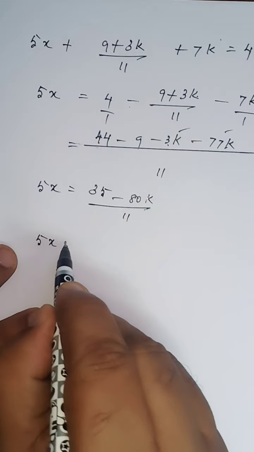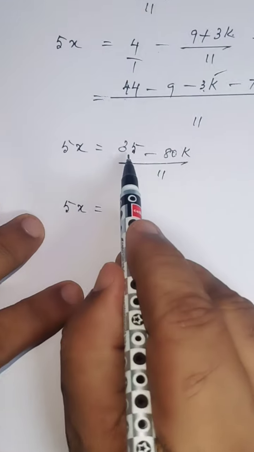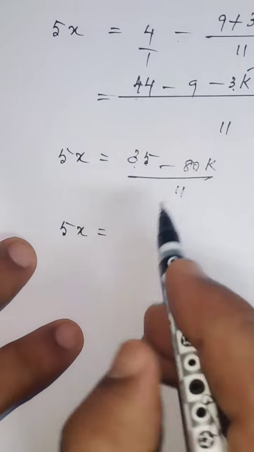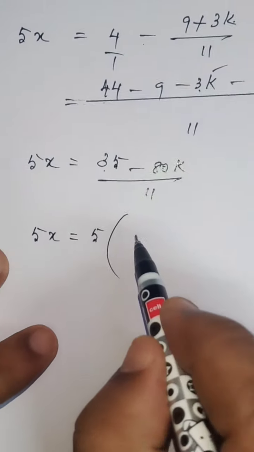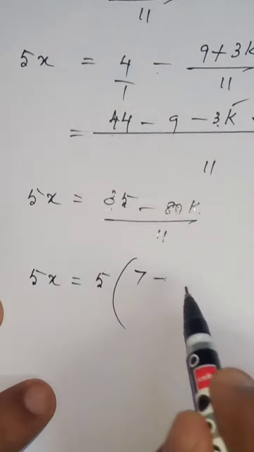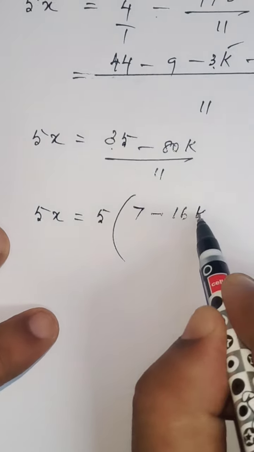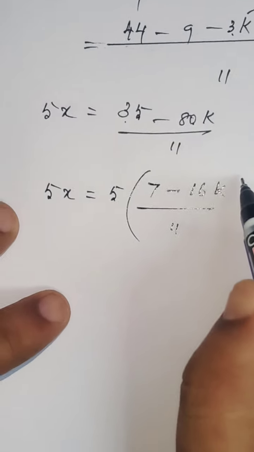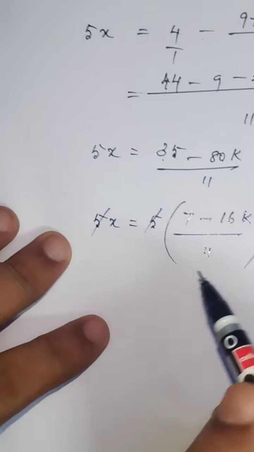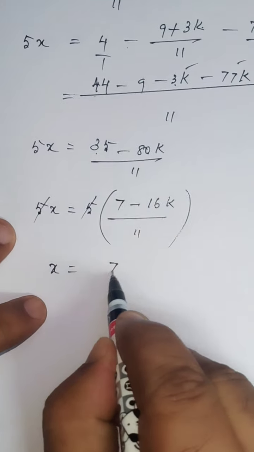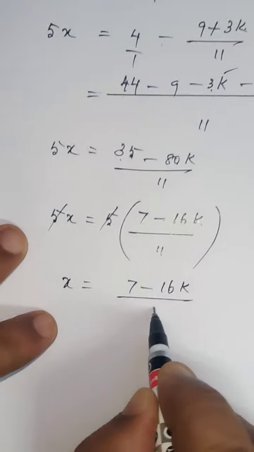So 5x, that is equal to, since 5x is there, 35 and 80, which one is common? You can take 5 as common. 7 minus 16k divided by 11. Both 5 get cancelled. Now we can write x that is equal to 7 minus 16k divided by 11.